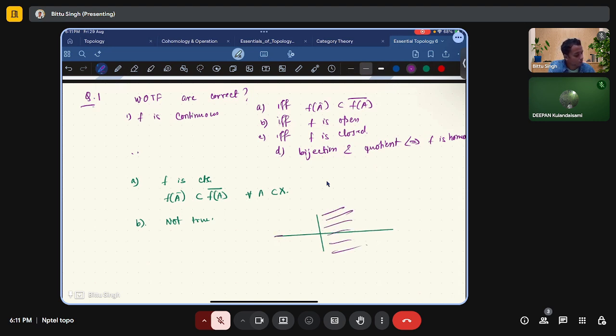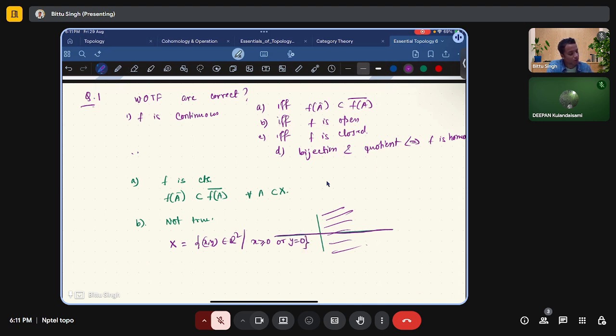X is our topological space, the right half plane, that is all (x, y) belonging to R2 with x greater than or equal to 0, or y equal to 0.